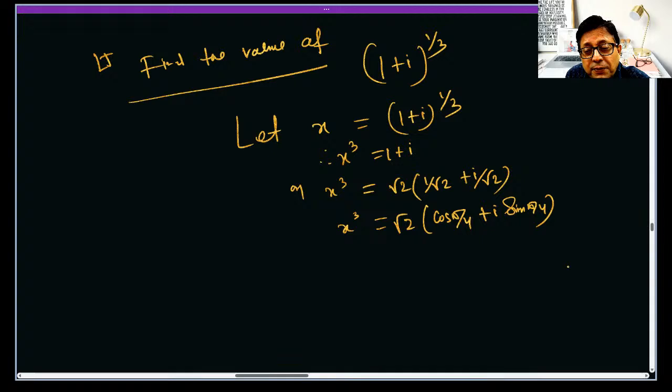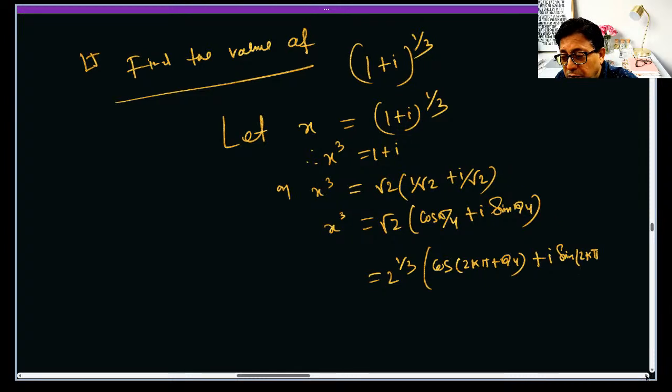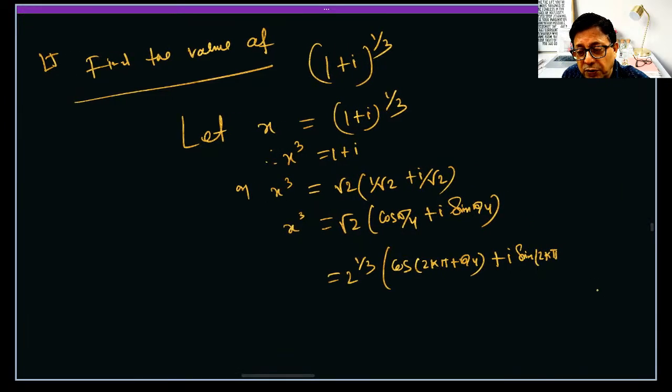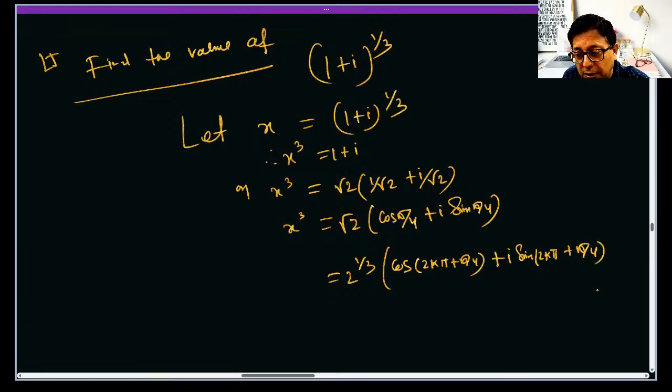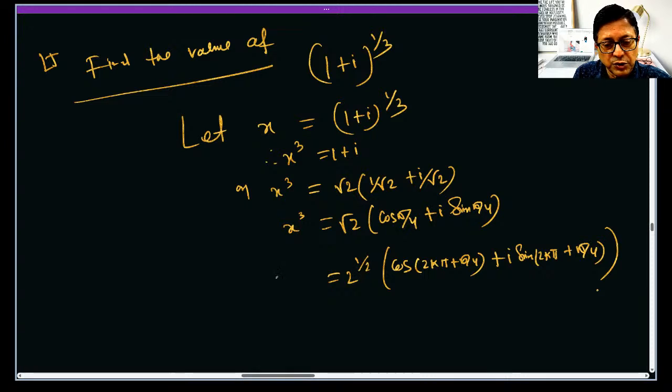Now what is our next step? We add 2k pi with this, isn't it? Whenever you are finding the root of an equation, 4th root, 5th root, 7th root, whatever, you follow this technique. 2 to the power half into this thing. So x cube is this.